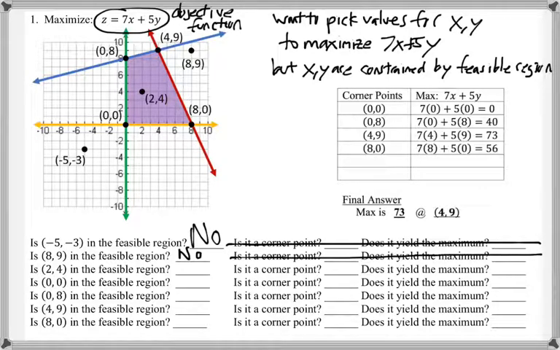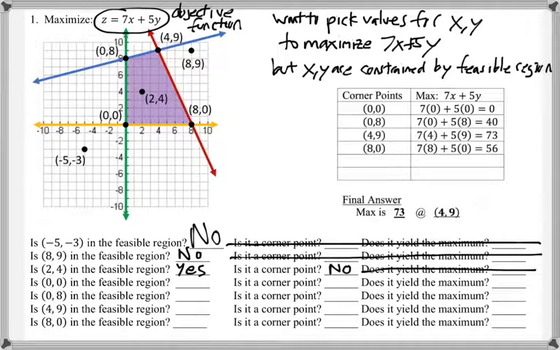Is 2, 4 in the feasible region? Yes, it is. So it's in the shading. Is it a corner point? The answer is no. So even though it works within all of the original inequalities, so even though it's within the feasible region, because it's not a corner point, it's not going to give us the maximum value. So we do not care about it.